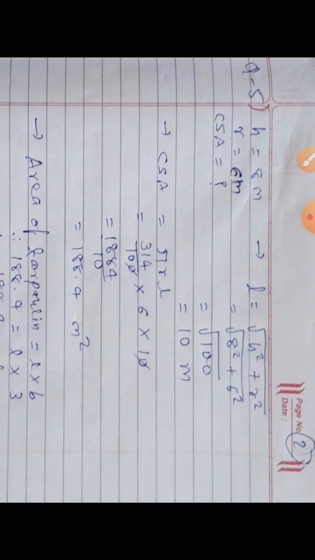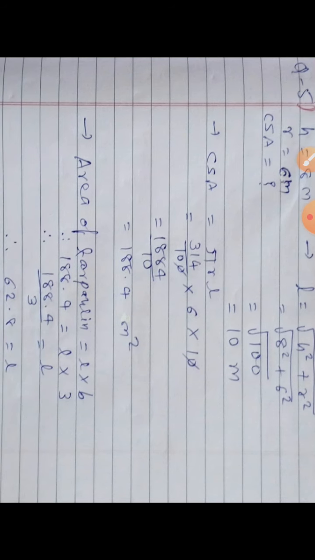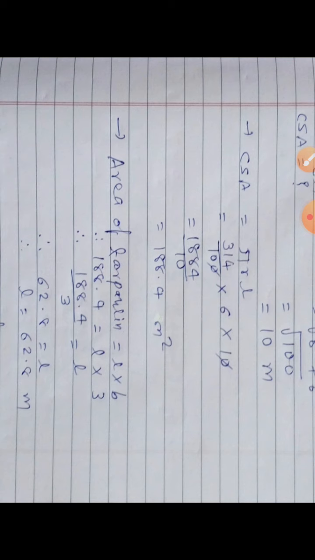Now actually the required area is in rectangular form. So this area is compared with L into B. Why L into B? Length into breadth, that is the formula of a rectangle. Now L is for length, not for slant height.